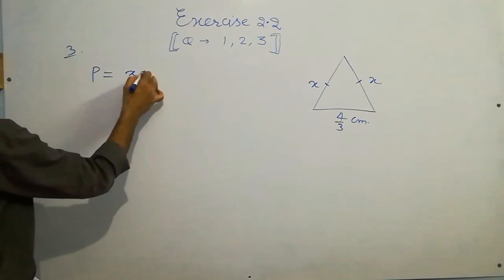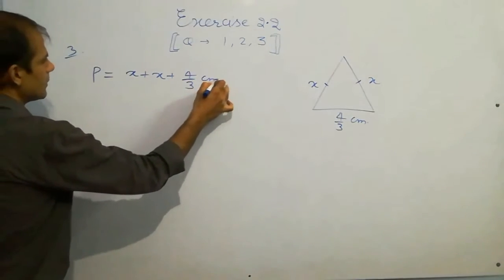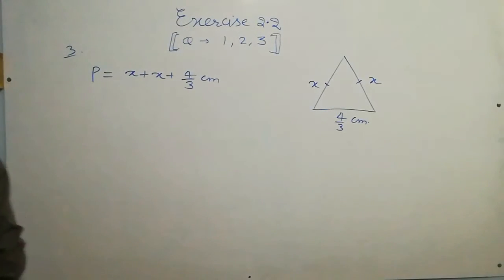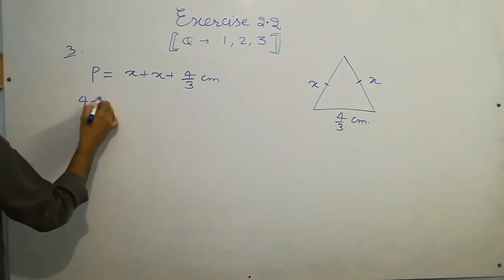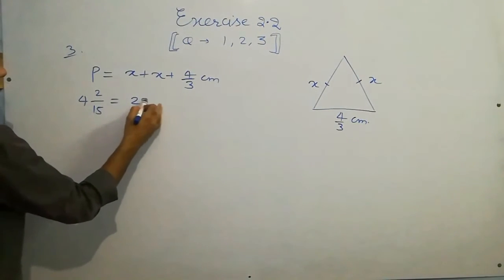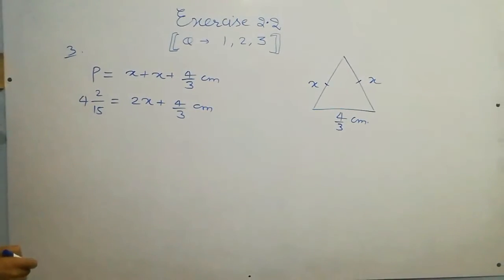So it is x plus x plus 4 upon 3 centimeter. The perimeter is given, that is 4 and 2 upon 15. So 4 and 2 upon 15 equals 2x plus 4 upon 3.